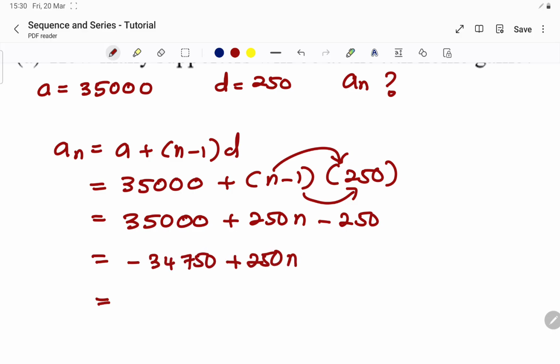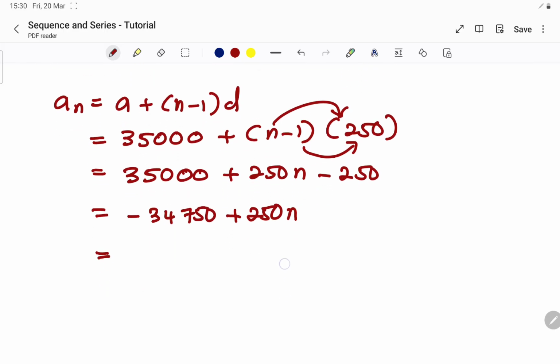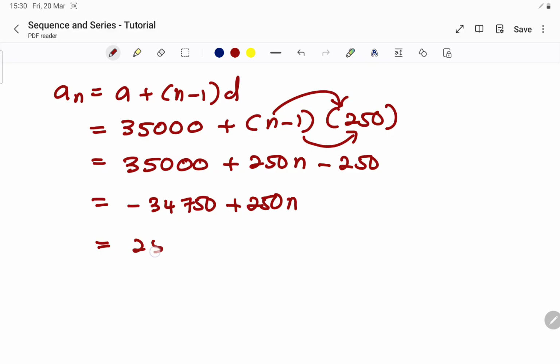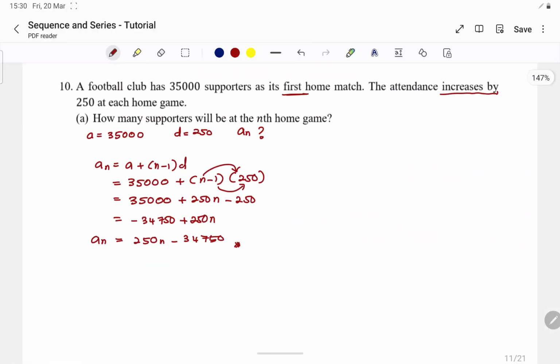And here you guys can make it prettier by putting the n term in front: 250n plus 34,750. So this is your a_n, like this.